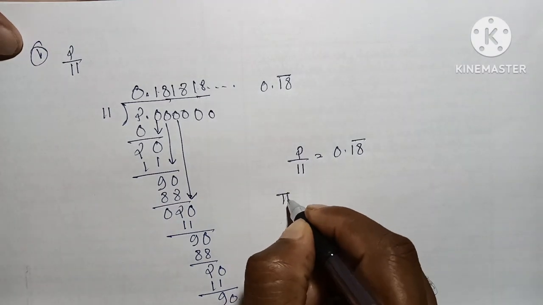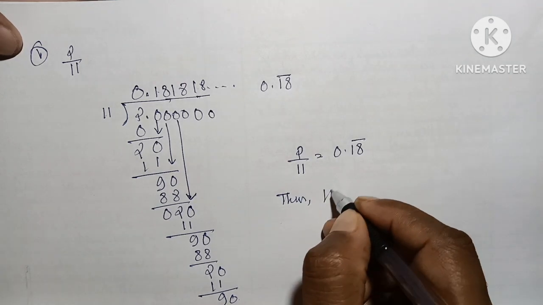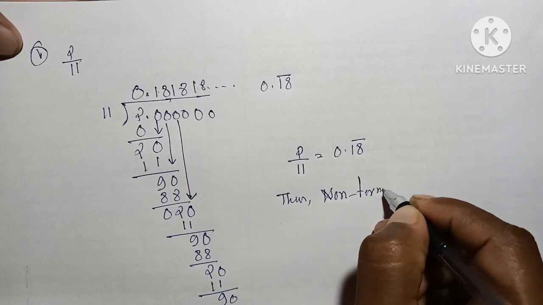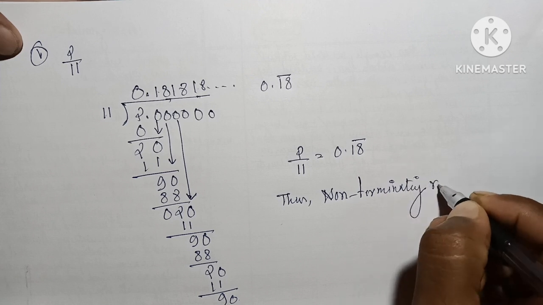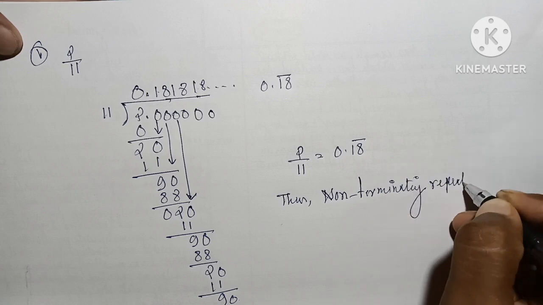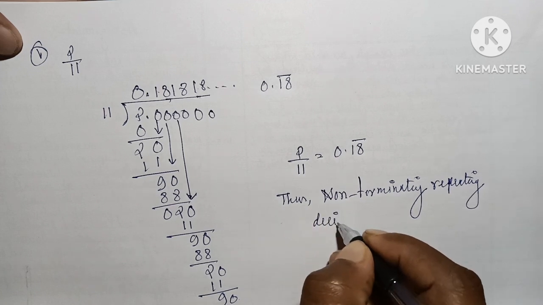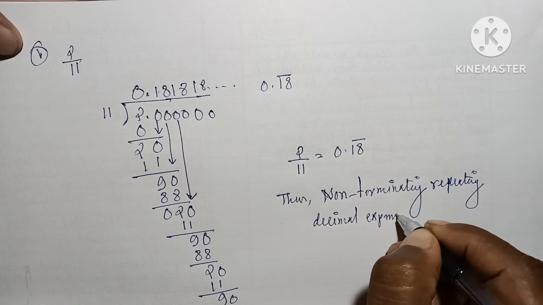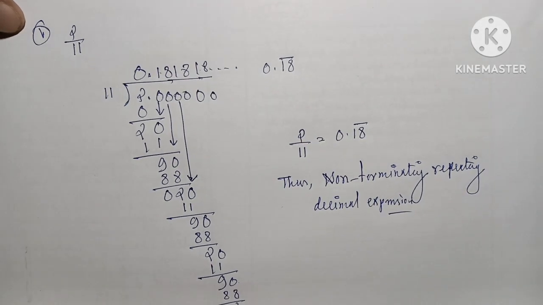Means this question is thus a non-terminating repeating decimal expansion. I hope you understand this one question.